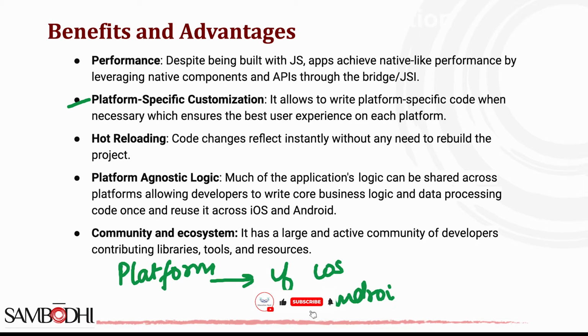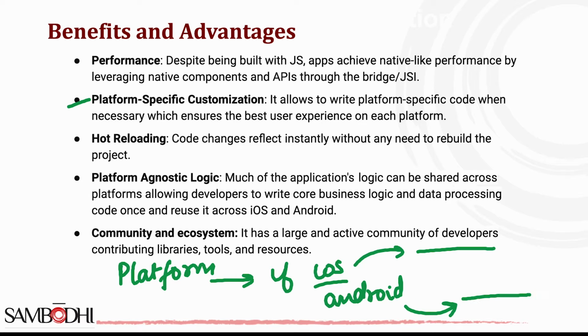If inside the JavaScript we want to write different code for iOS and different code for Android, this Platform API is available for us. We check if the platform is iOS, we can write different lines of code, and if the platform is Android, we can write different lines of code.